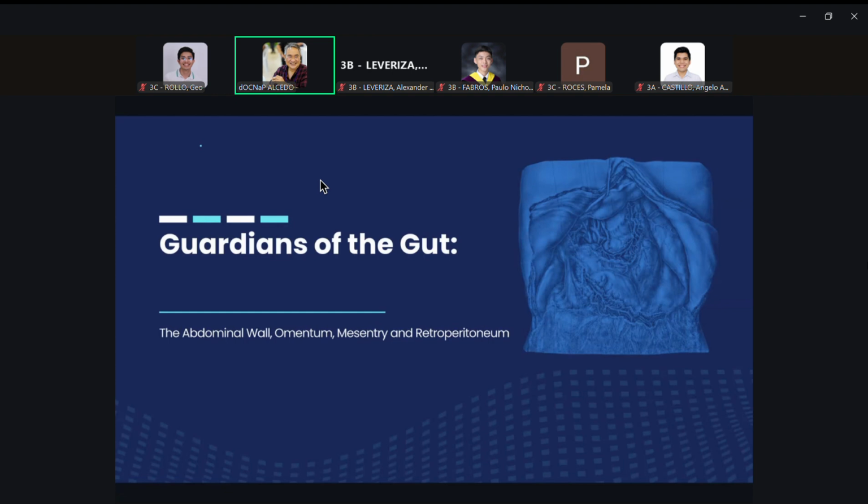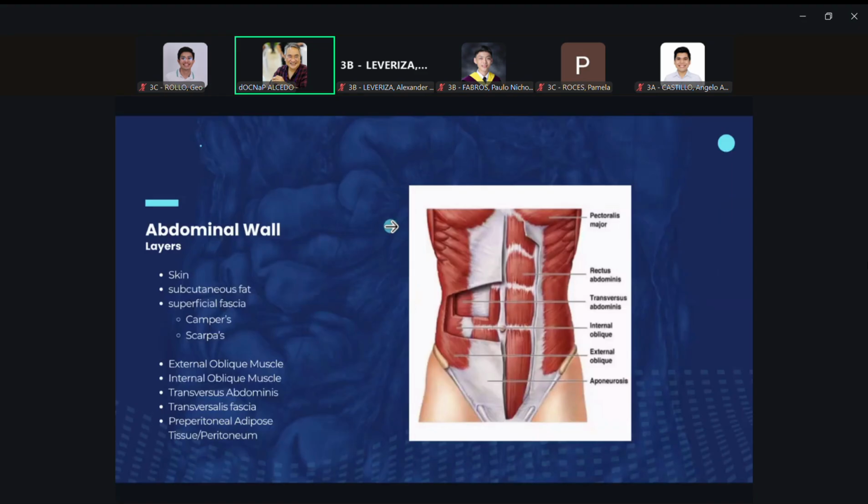We talk about the other conditions associated with the abdominal wall, the omentum, the mesentery, and of course the retroperitoneum. So, just a recap. This is your abdominal wall with the different layers, from external, most superficial, up to the internal, the peritoneum.